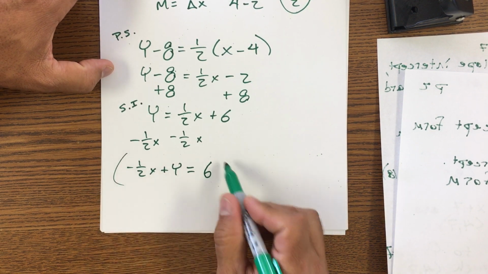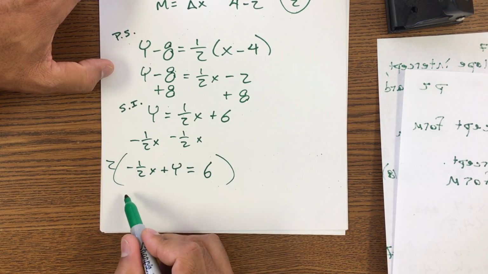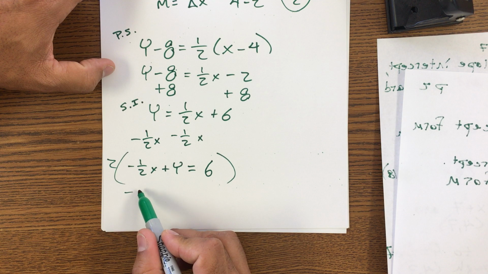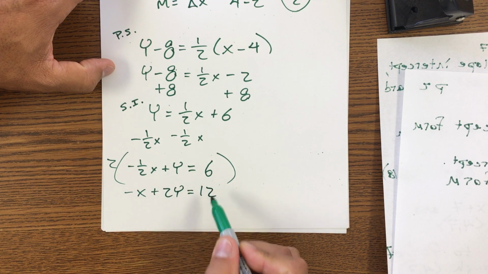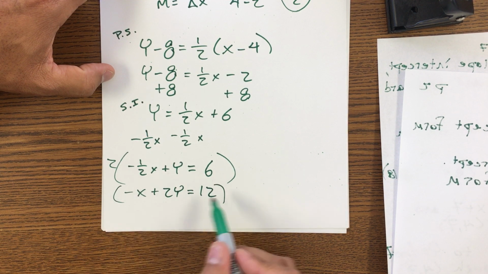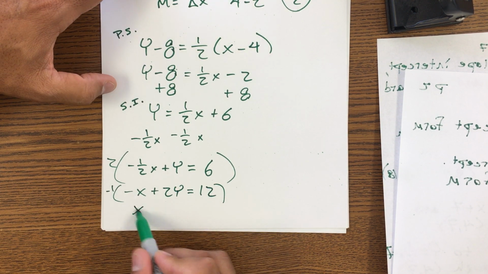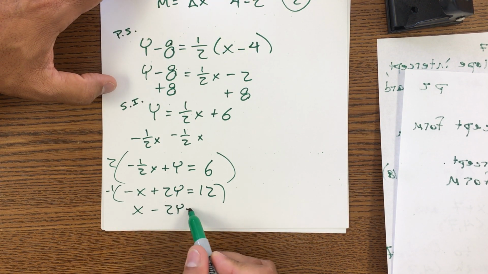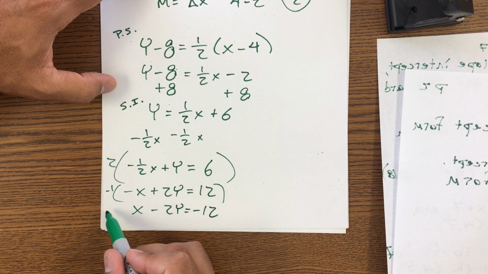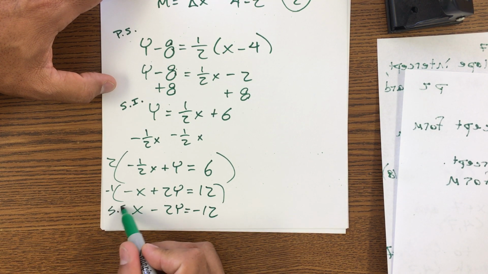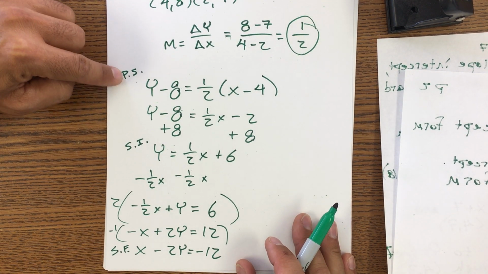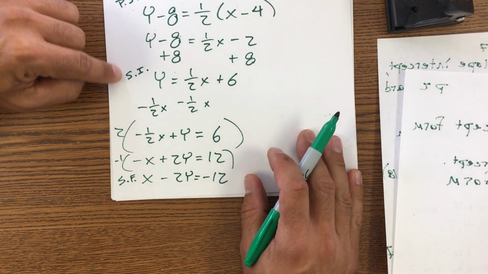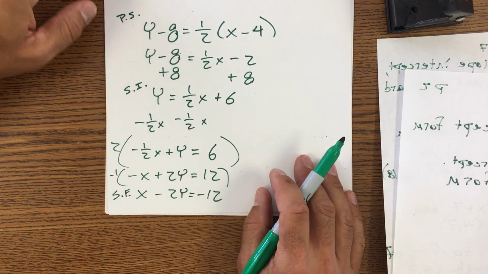I'm gonna get rid of all my fractions by multiplying by 2. And then I'm gonna make this positive by multiplying by -1. And that's standard form. So that's how I can go from 2 points to the point slope, to the slope intercept, to the standard form. All right.